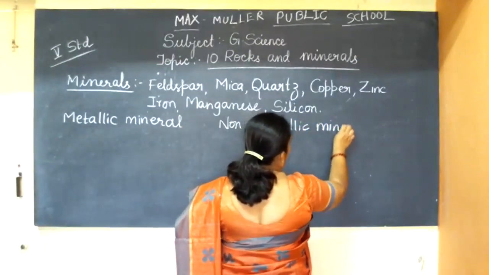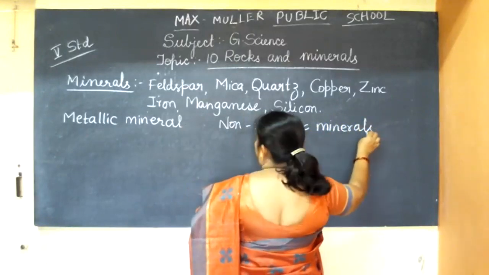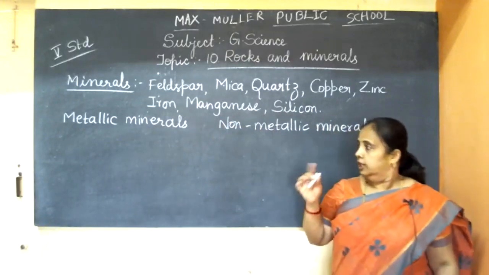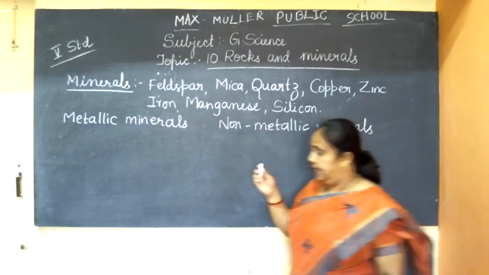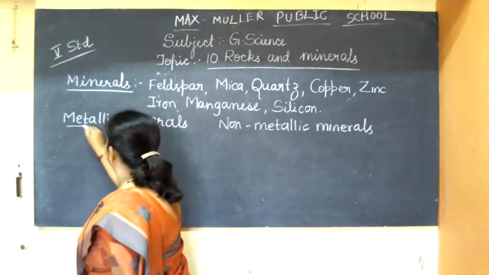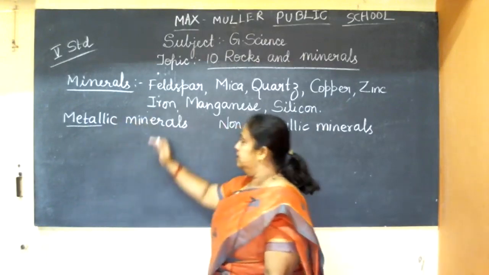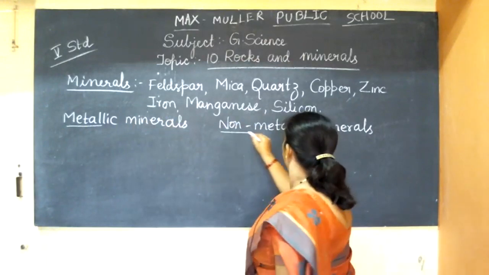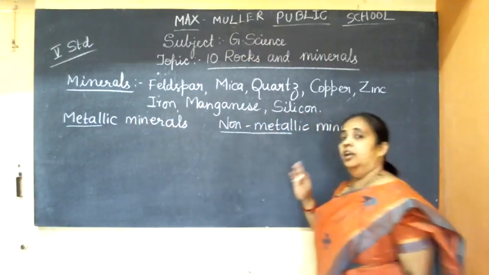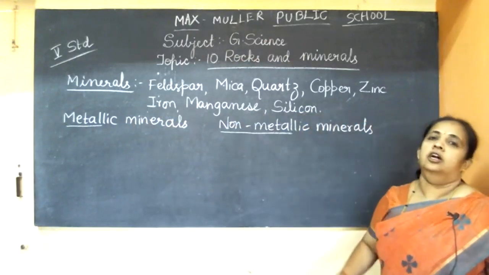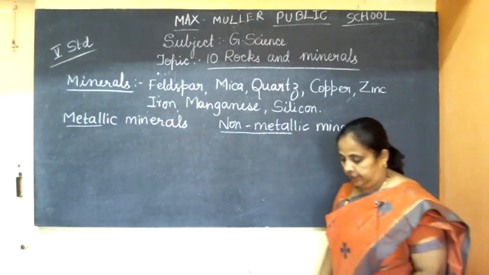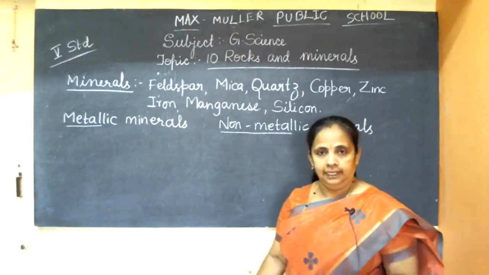So minerals can be classified into two types: metallic minerals and non-metallic minerals. Here the name itself suggests it: metallic minerals contain metals in them. Non-metallic means it does not have metals in it. So we'll study in detail about the metallic and non-metallic minerals.